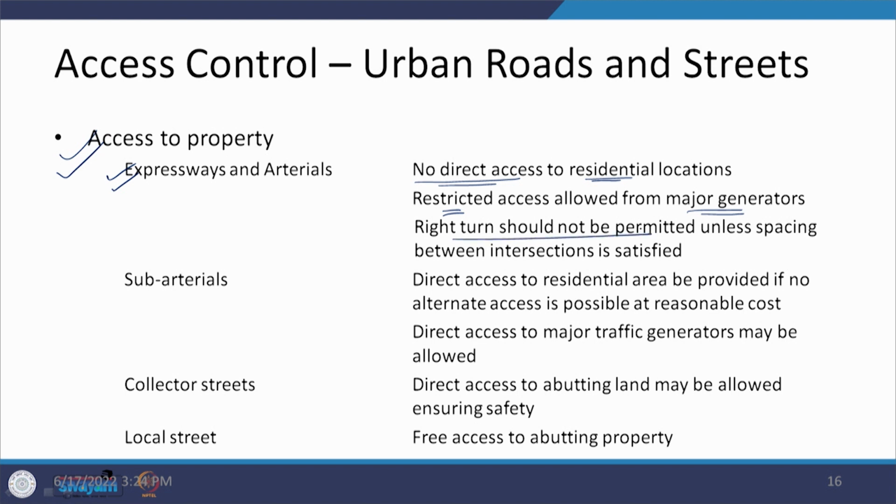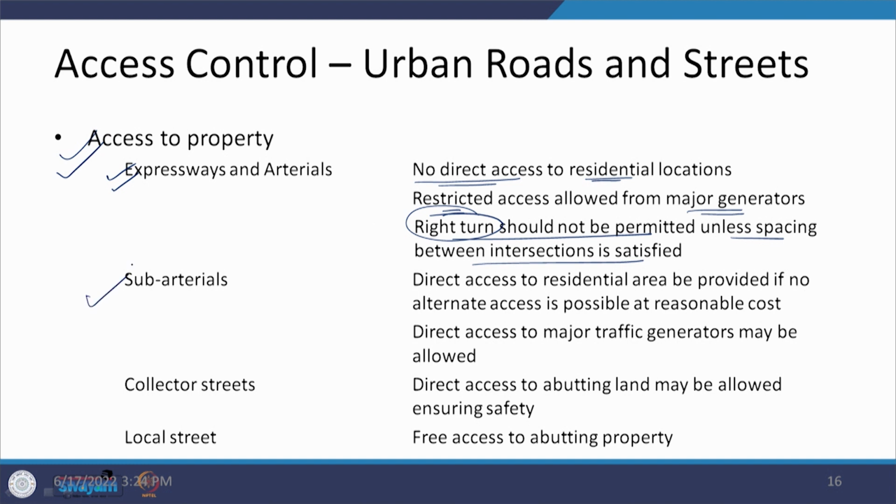Right turn should not be permitted unless spacing between intersections is satisfied, as we have discussed previously under the head of spacing of intersections. So, this is an important thing which has to be taken care of. If it has to be provided, then we usually do it by way of a grade separated structure, in terms of provision of ramps and then taking the traffic to the right by way of 270 degrees and so on.